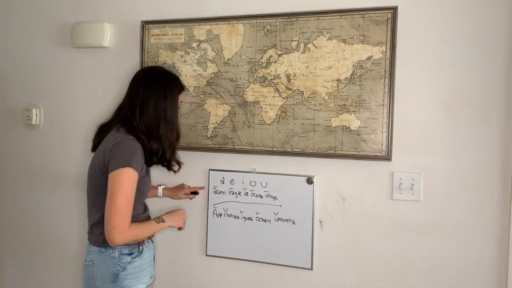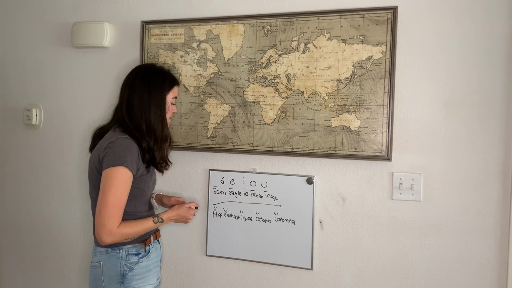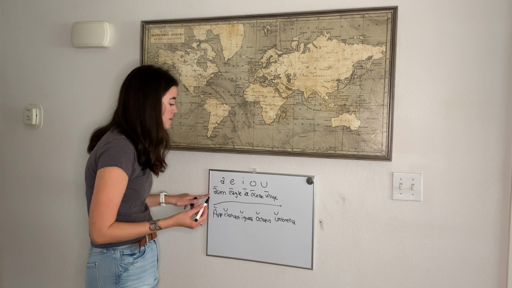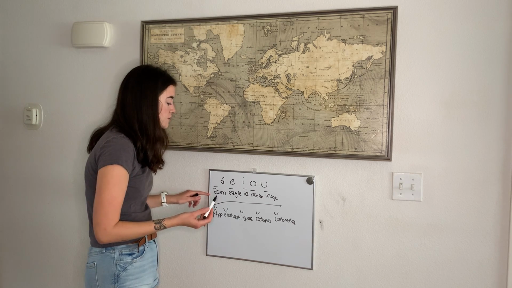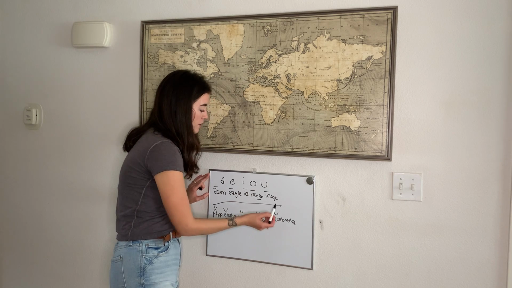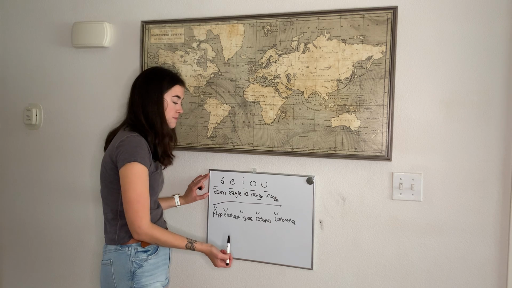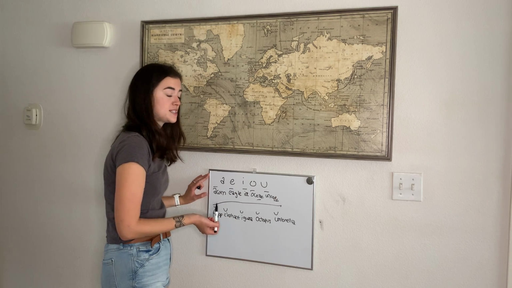So for our rule for our vowels, we're going to identify exactly how to see if a word is going to be a short or a long vowel. So going on to our long vowels, you can see here that a lot of times if we have a long vowel, it's either going to have these two vowels next to each other in the word, or it's going to end with an E. And there's sometimes going to be exceptions to this rule, but that's typically what we're going to stick with.